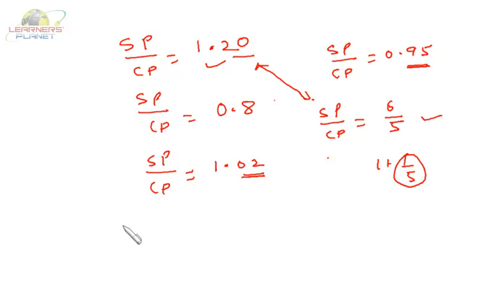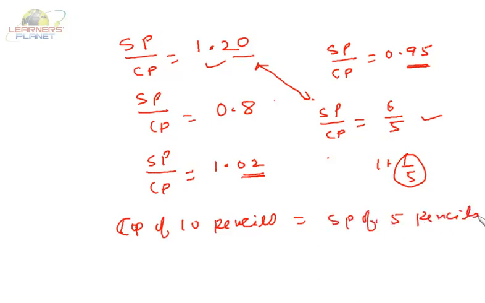If the cost price of 10 pencils is the selling price of 5 pencils, then what is the profit or loss in this transaction? Now, if you know the concept of this fraction, you can easily do this problem.